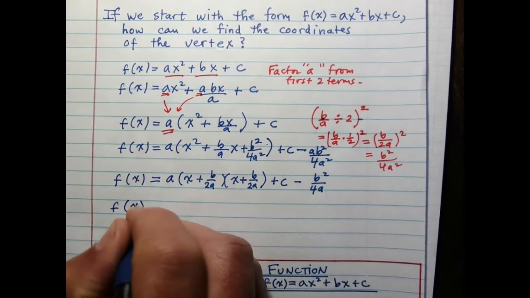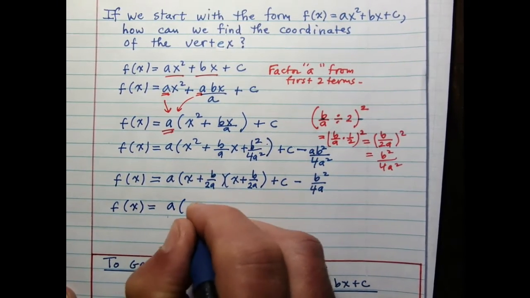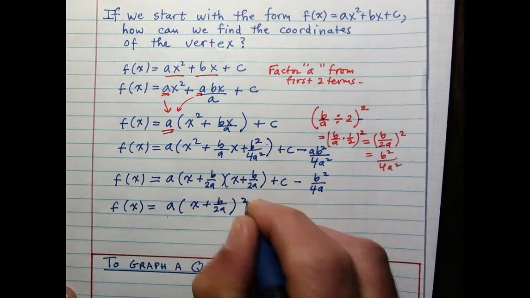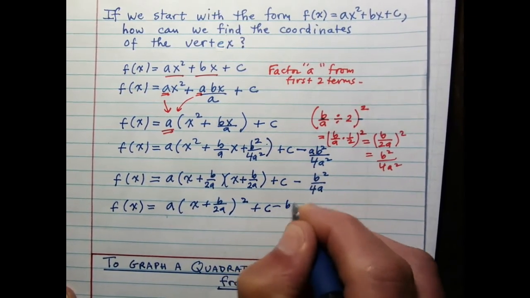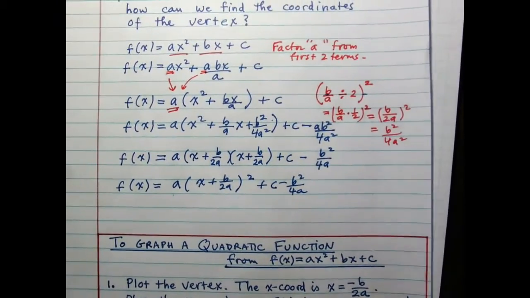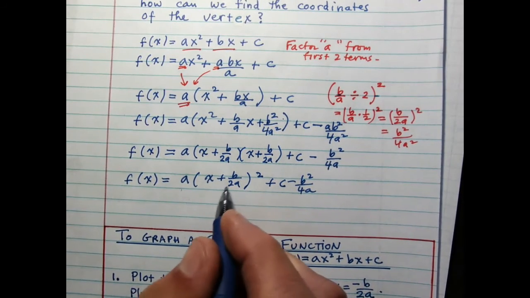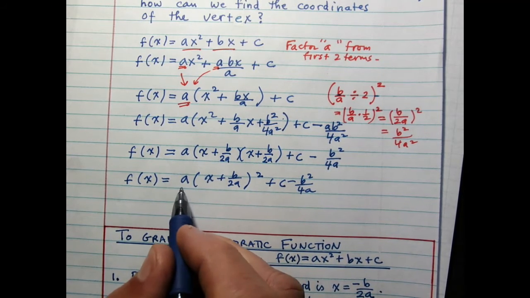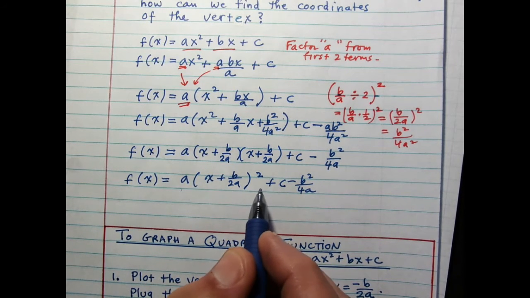And now I have a times x plus b over 2a in parentheses squared plus c minus b squared over 4a. So kind of a big mess, right? And yet there's only one thing we need to get out of this, and it's right here inside parentheses. We're almost all the way to that standard form.